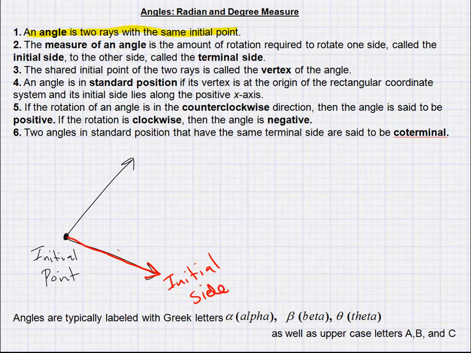The amount of rotation it takes to get to the other ray, this one here, which we're going to consider to be the terminal side, is the measure of the angle. Now there's different ways to measure that rotation, but the measure of that rotation is the measure of the angle. This initial point that these two rays share, we're going to consider to be the vertex. So this point right here is my vertex.